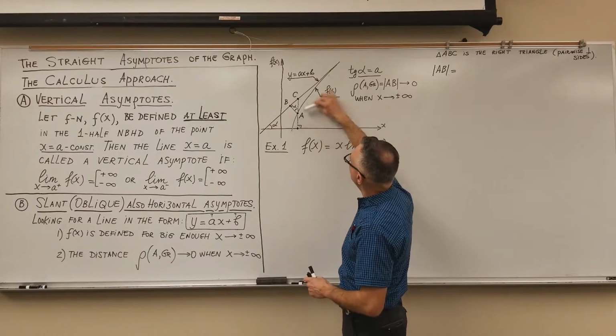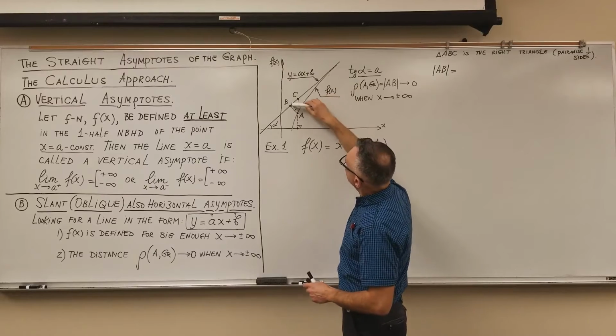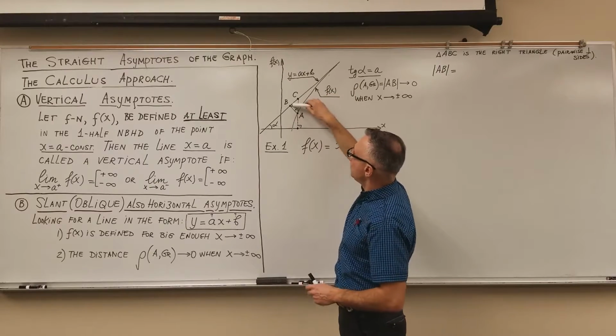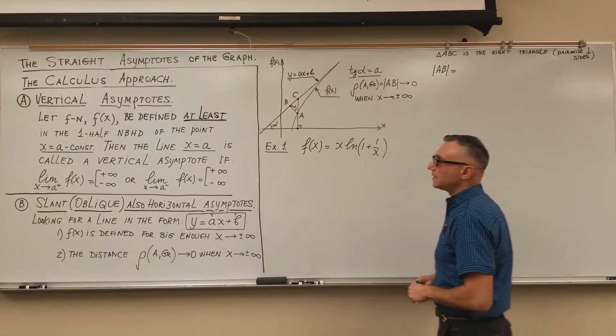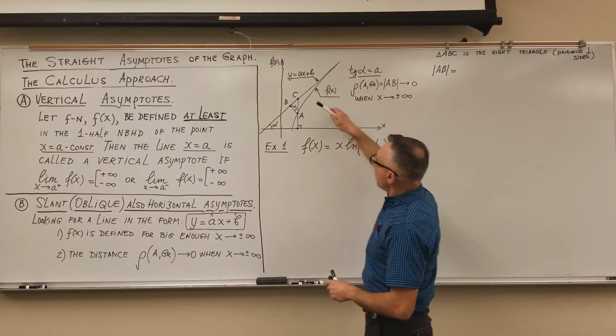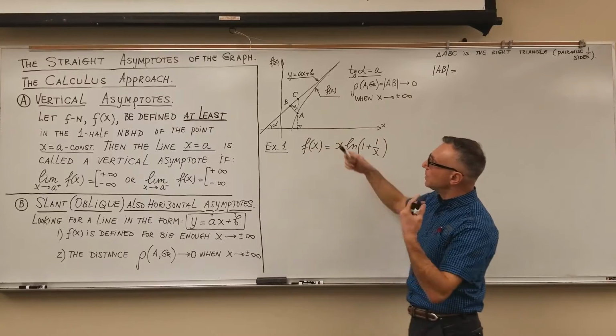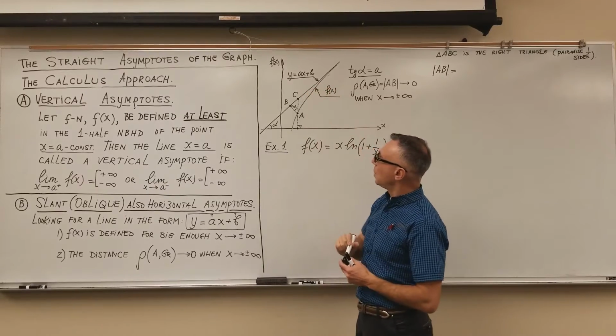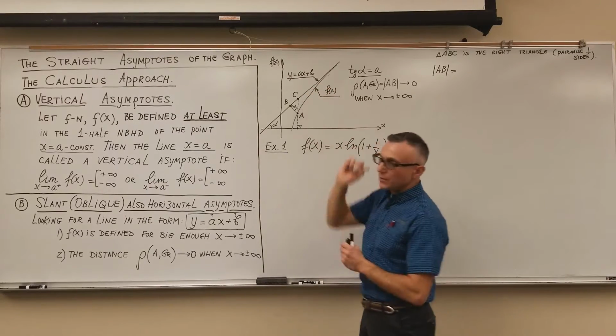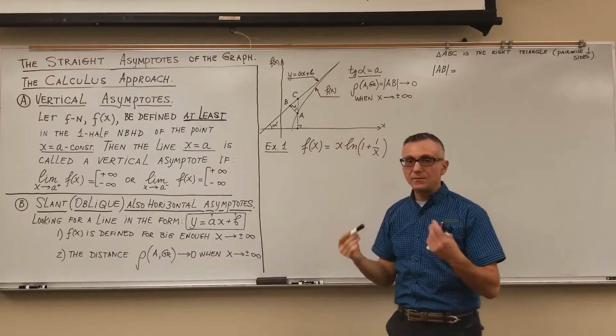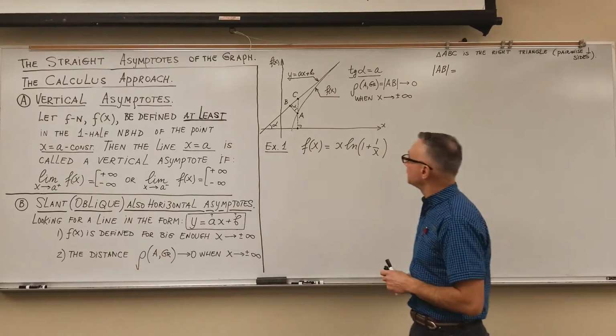So the distance between the graph and the asymptote will be a segment AB or BA. That's my distance. And also AC, the difference between the points on the asymptote and the point on the graph. That distance is very easy to calculate.